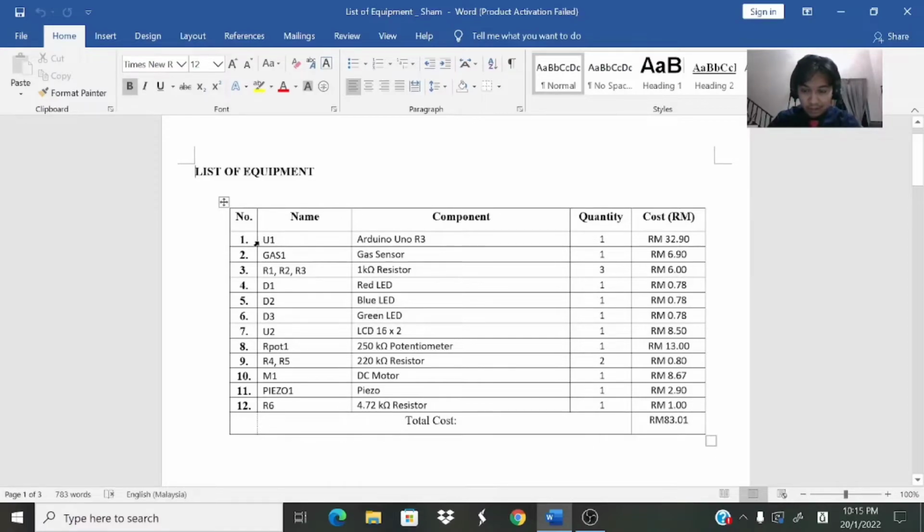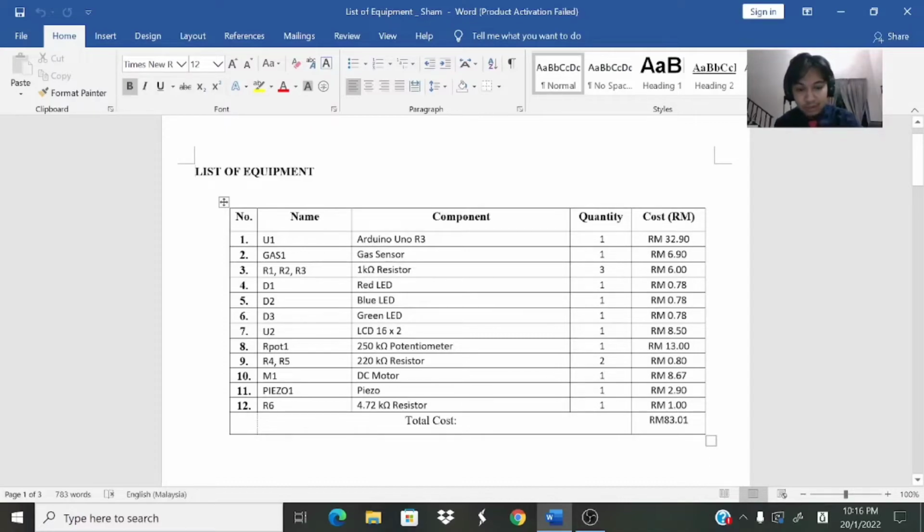As we can see, there are a lot of symbols such as U1, GAS1, R1, R2, R3 and so on. And then this is the component, like I said, from the Arduino Uno R3, ending with the 4.72 kilo ohm resistor.